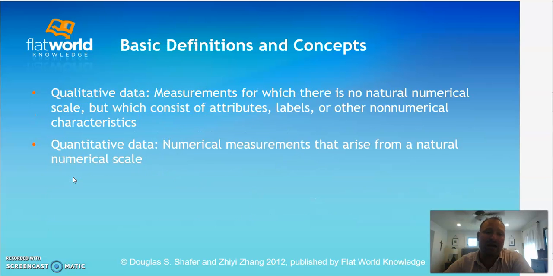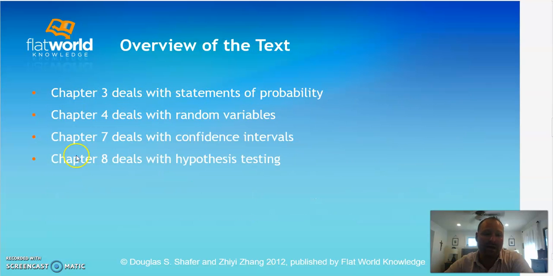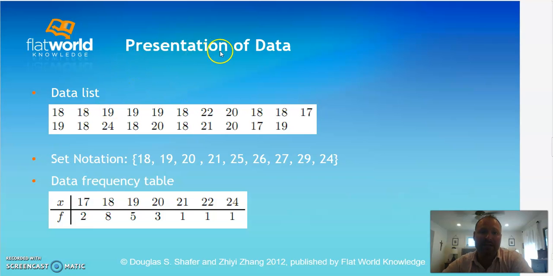Okay, and then we talk about what chapters 1, 2, 3, 4, 7, and 8 deal with, right? Overview of the text. We're not going to get into that in too much detail right now. But here's a presentation of data. So we have a data list. This is a collection of data. This could represent a number of different things. It could be temperatures, it could be scores, it could be anything, but you can represent this data in set notation.